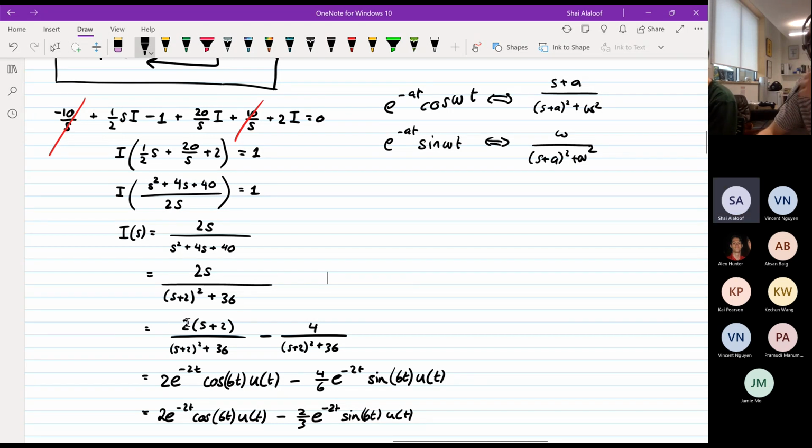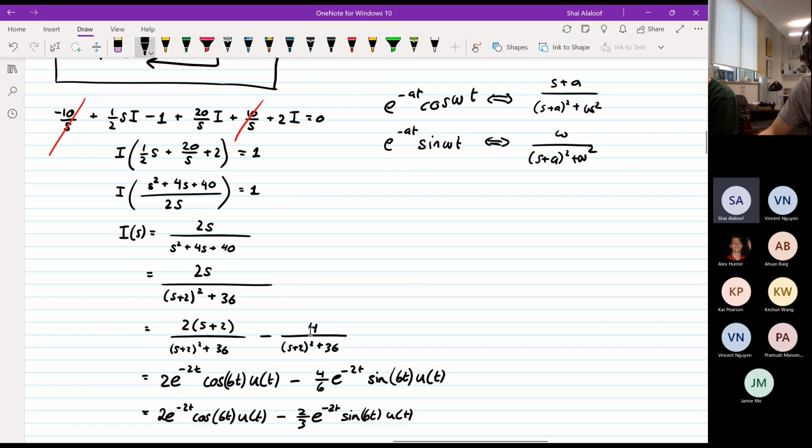All that is different is that it's got a factor of 2 out the front. So that's why I've got a 2 outside, e to the minus 2t, because if we're going off s plus a, a is the power of the exponent. So 2e to the minus 2t, and then cos of 6t, since the square root of 36 is 6.